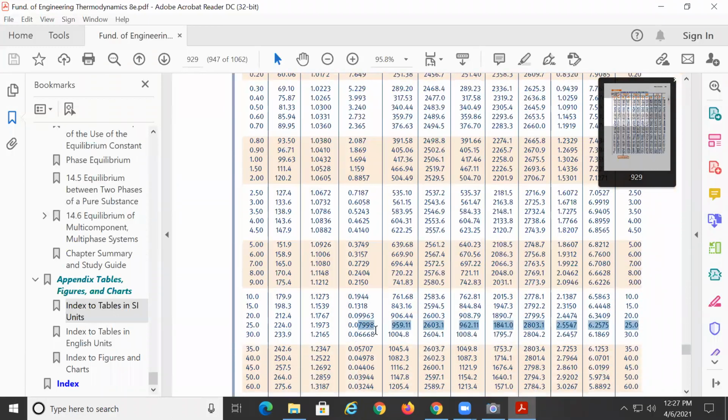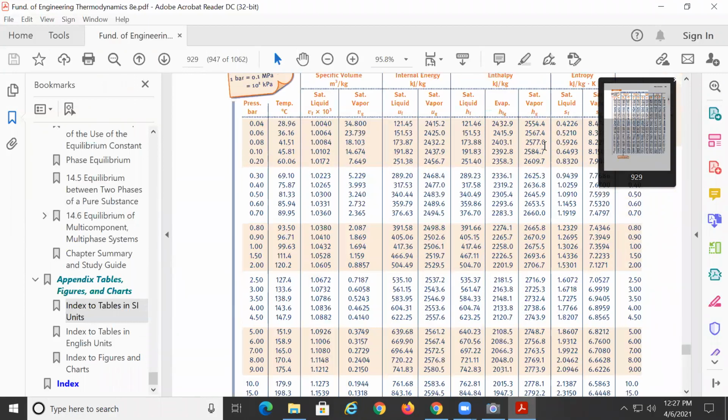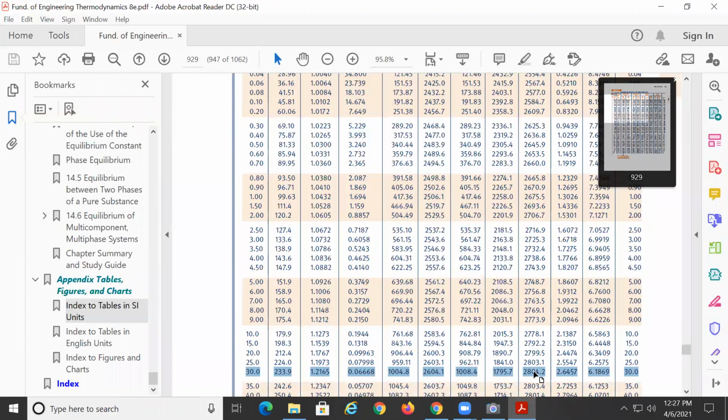So it's over here. And the HG, let's see which column would that be, is this one over here. So it gives us 2,804.2. And this should be kilojoules per kilogram.